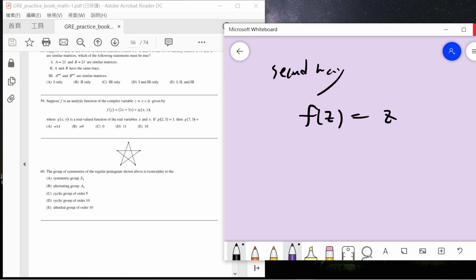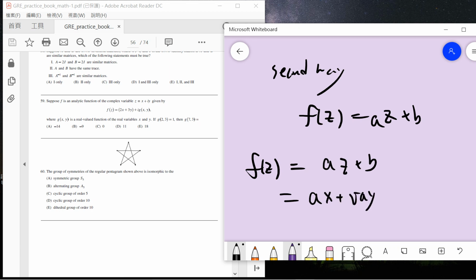The only function linear in z is just az plus b, where a and b are complex numbers. So I can say that f of z is equal to az plus b, which is also ax plus iay plus b. The tricky part is that we don't know, because b can be complex, and a can also be complex.